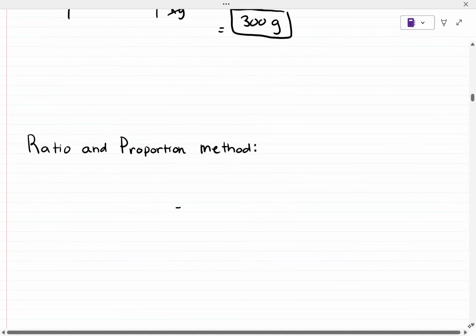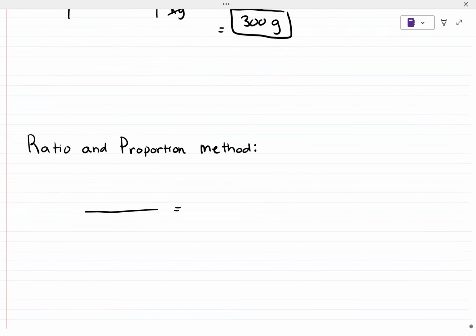Okay, now let's do ratio and proportions. Set it up as two fractions. You could put kilograms on top and grams on the bottom, or vice versa, grams on the top and kilograms on the bottom, as long as both fractions match.